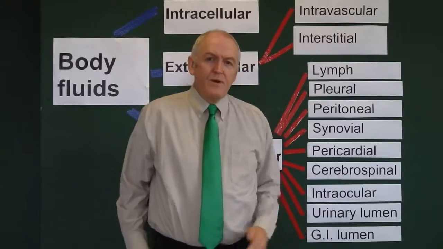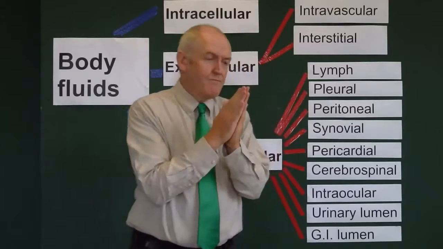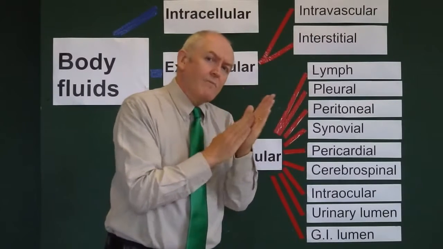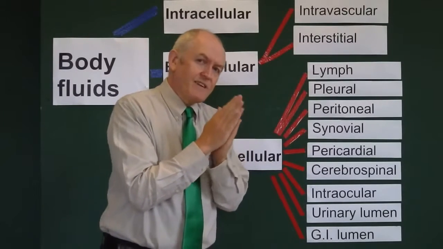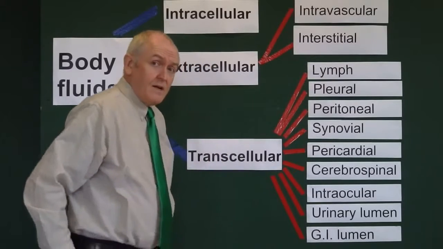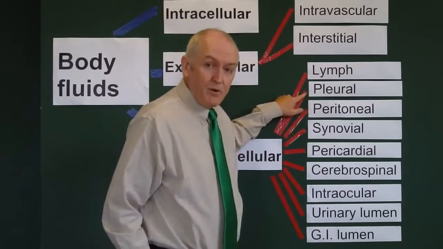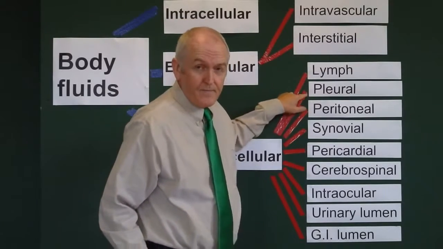So you might remember we have the visceral and the parietal pleural membranes, and there's a very small amount of serous lubricating fluid between those in health. But of course, in pathological situations, there could be a pleural effusion.